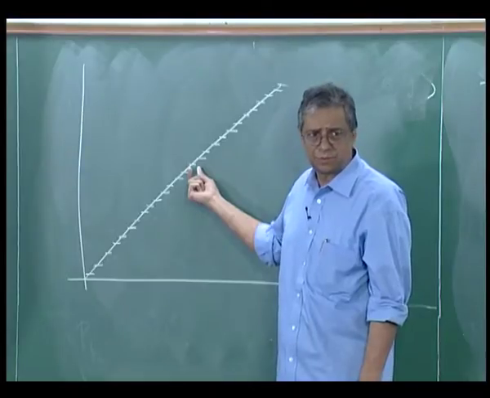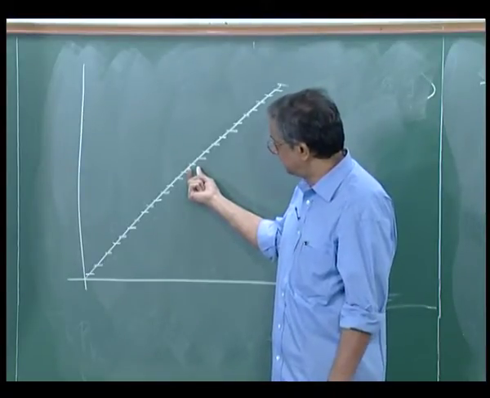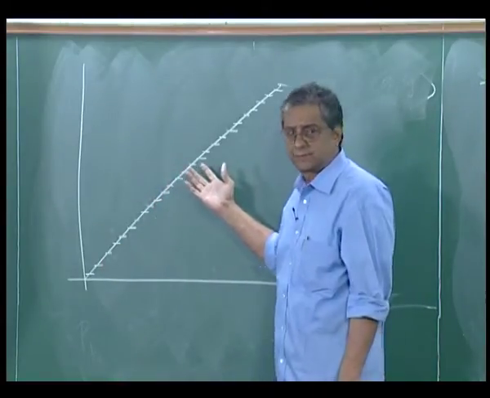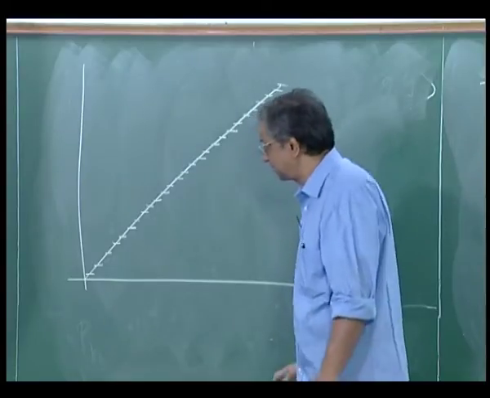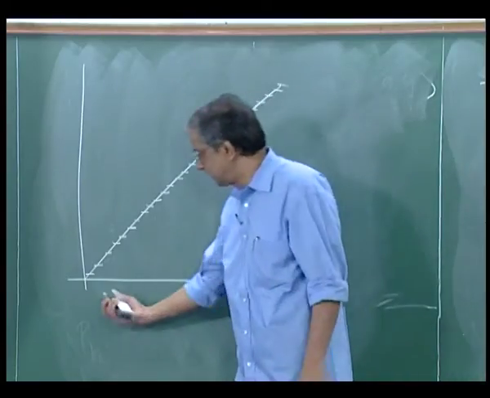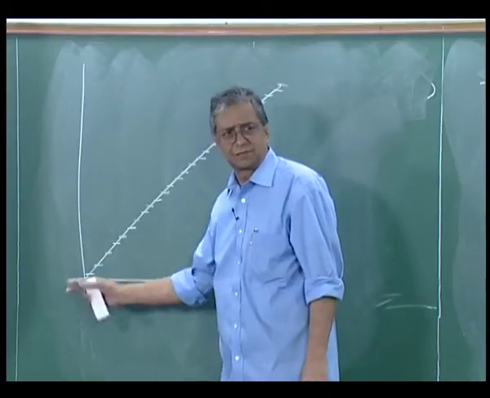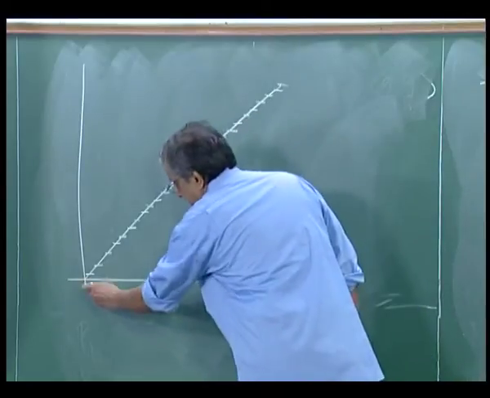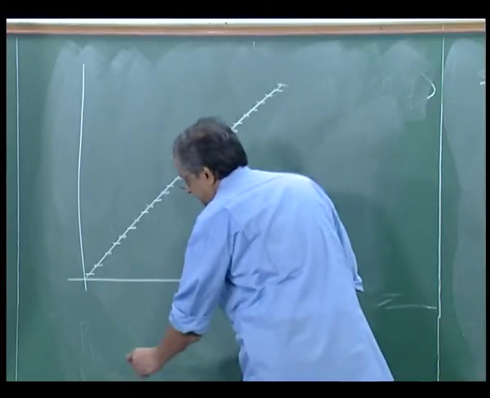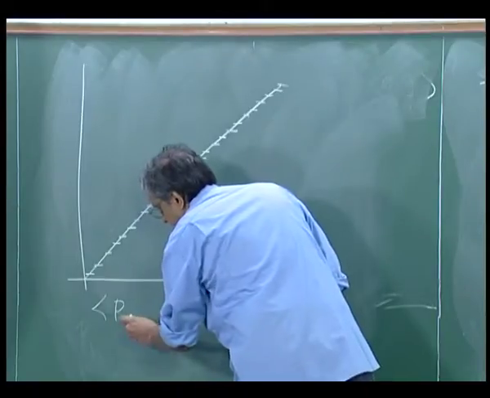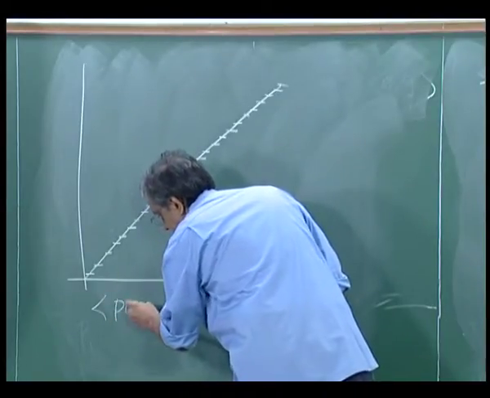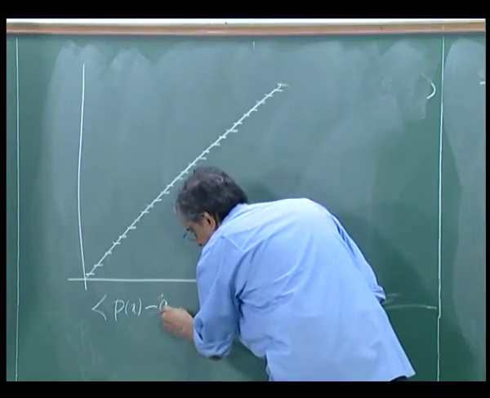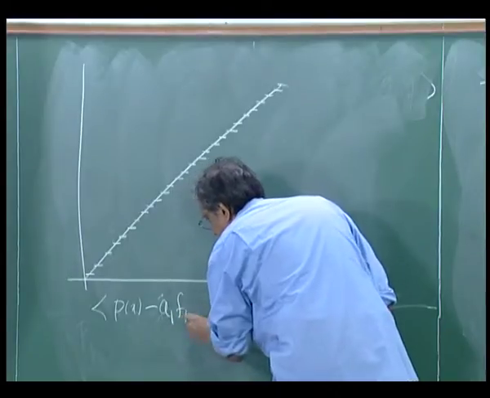However, looking at this I would guess that the representation error is quite small, and just as I did earlier I am going to find the representation error only in the first interval and just multiply it by n. So what is the representation error in the first interval? So for p of x minus, I am sorry, a1 f1 is what we want.